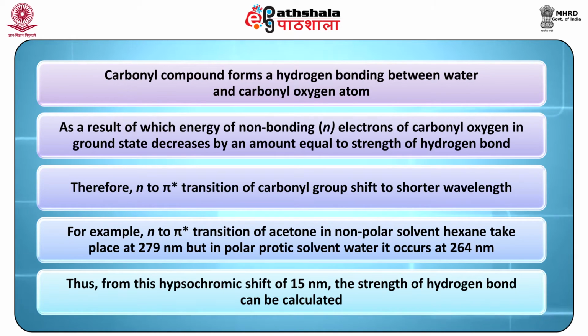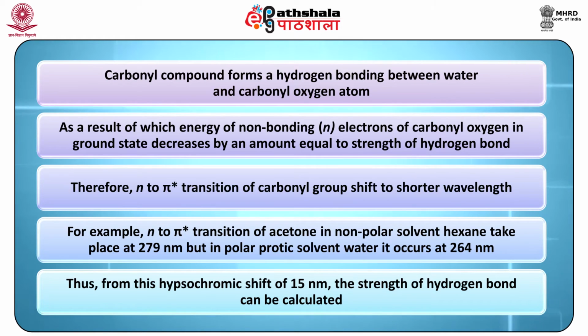For example, the carbonyl compound forms a hydrogen bond between water and the carbonyl oxygen atom, as a result of which the energy of the non-bonding electrons n of the carbonyl oxygen in the ground state decreases by an amount equal to the strength of the hydrogen bond.